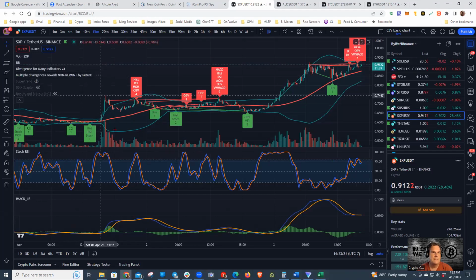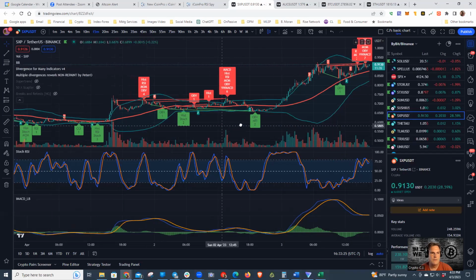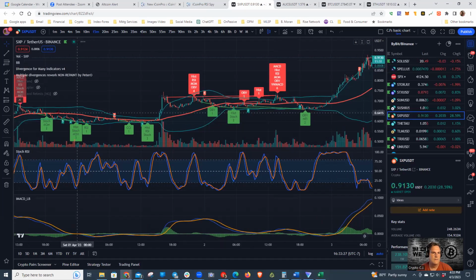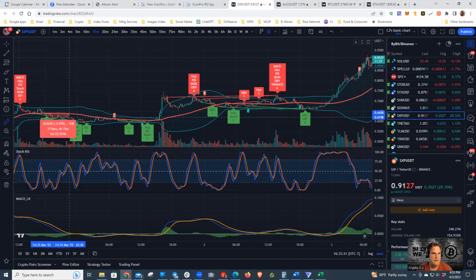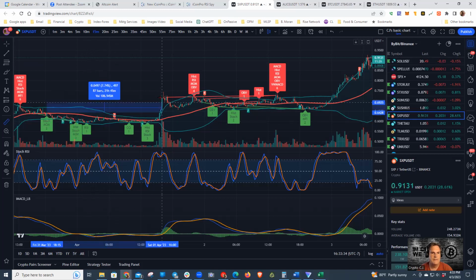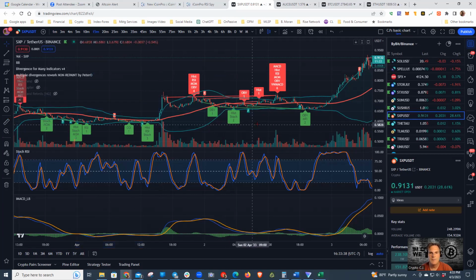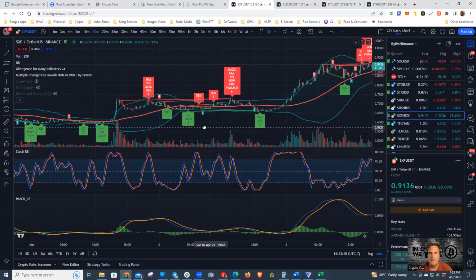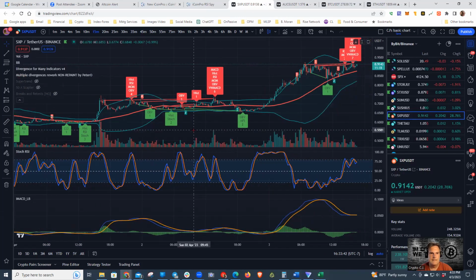On divergence, all the bullish divergences have done well. This one here is the worst one from Friday. It went down about 7% and shot up here. So that would have been a really good day trade, less than a day, double digits. And on the short side, even the bearish ones did pretty well.